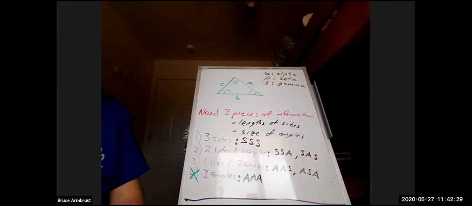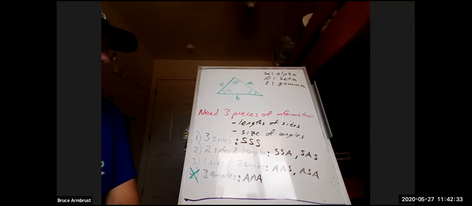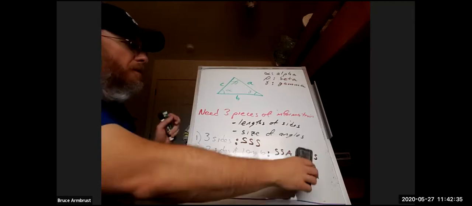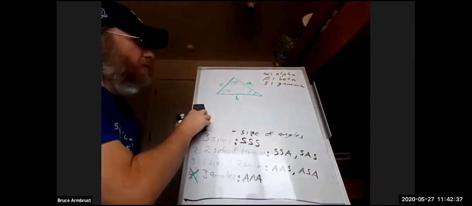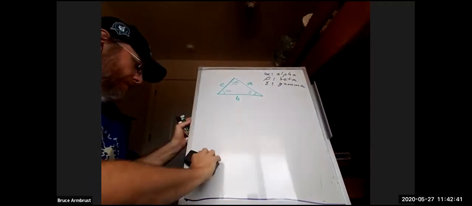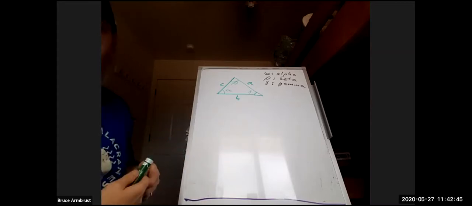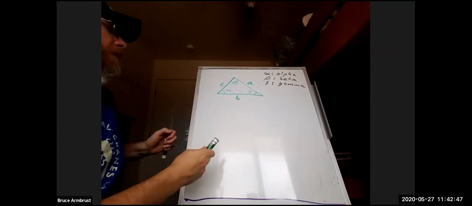All right, so now that we've got that, let's build our first rule that's going to help us solve these wrong triangles. We're going to build what's called the law of sines. But here's what I'm going to do.